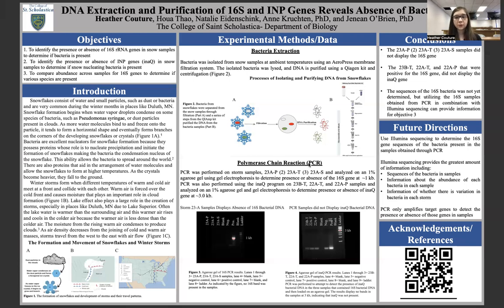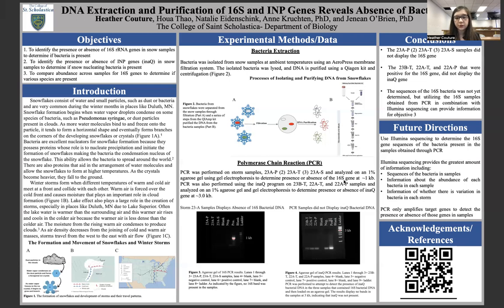So once we purified and isolated the bacterial DNA, we used PCR to amplify our samples. And then we loaded those onto a 1% agarose gel and ran gel electrophoresis to visually analyze our results. The first round was used with 23AP, 23AT, and 23AS samples.